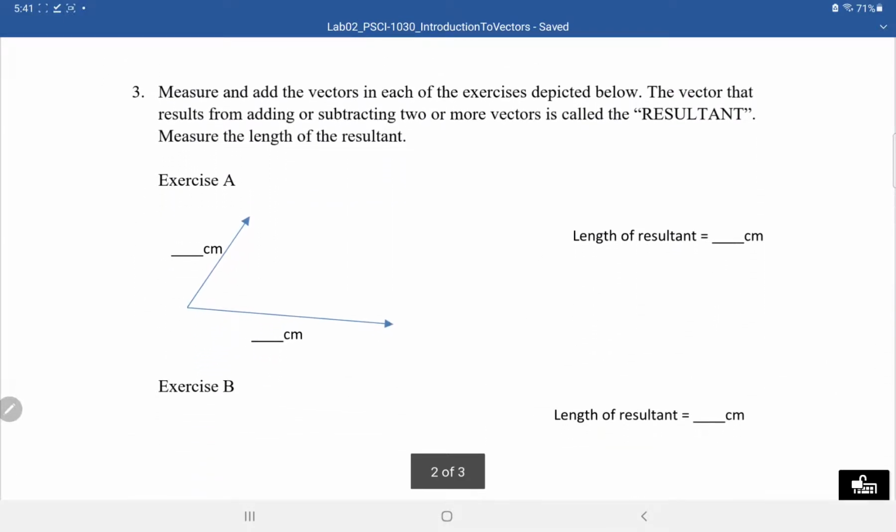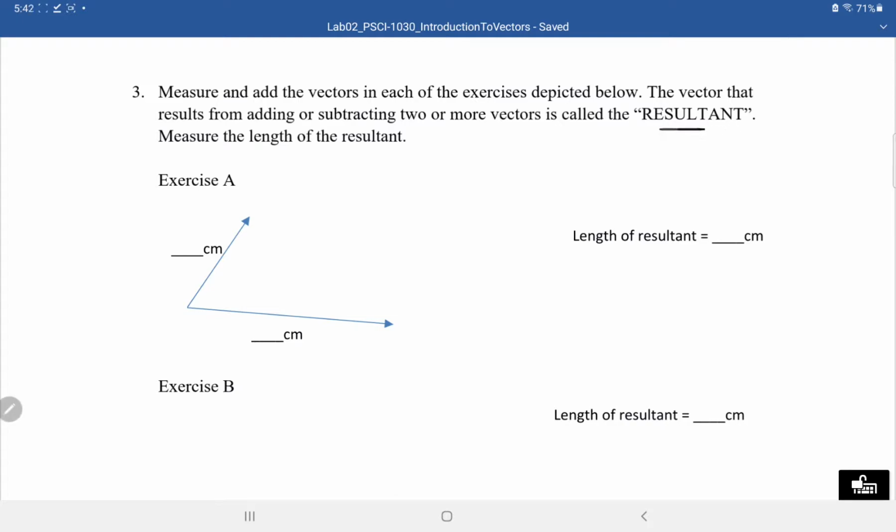Now the main point is how to add vectors. Measure and add the vectors in each of the exercises depicted below. The vector that results from adding or subtracting two or more vectors is called the resultant. Measure the length of the resultant. So first of all, you can measure these lengths. I will show you how to add the vectors and how to get the resultant of the vectors.